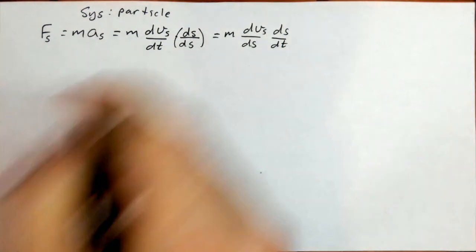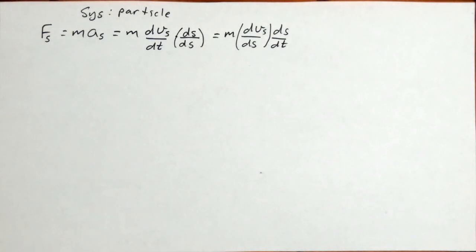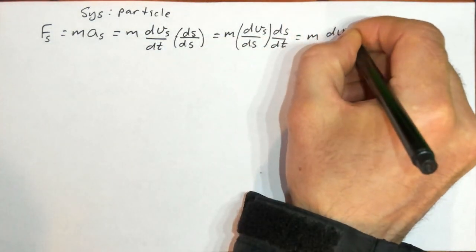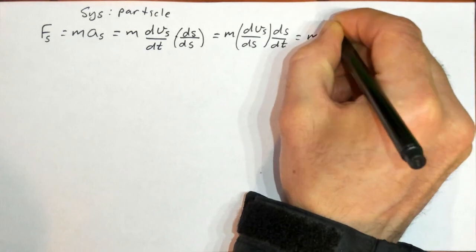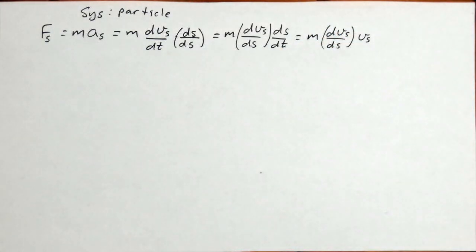I'll put parentheses around this just to keep it clear. I'm just multiplying these two fractions. But what is ds/dt? It is the velocity, the velocity in the s direction.